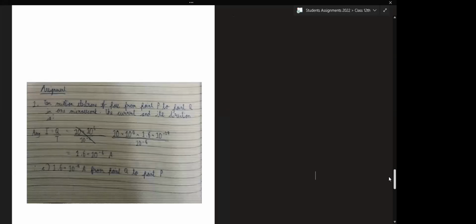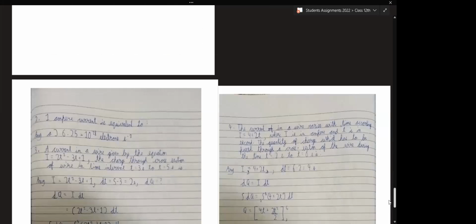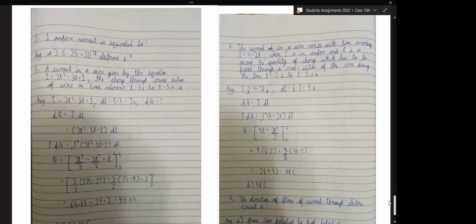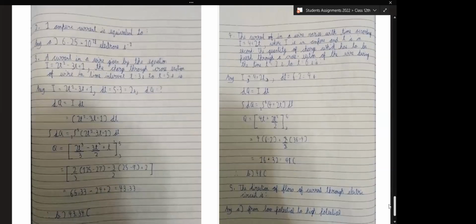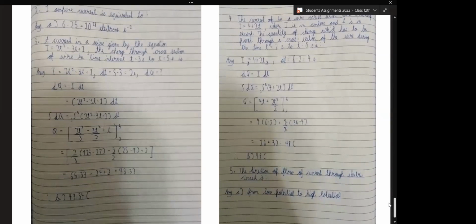Atif is there. See, in this manner, Hamza, I was referring to this. In this manner, you have to show.